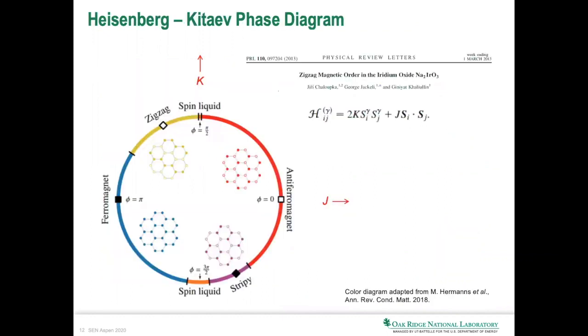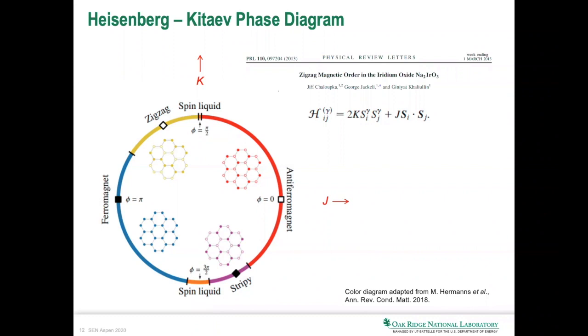Now, getting back to the phase diagram of this Kitaev-Heisenberg model, it's customary, some people draw it like this. Horizontal axis being the Heisenberg interaction, the vertical axis being the Kitaev interaction.